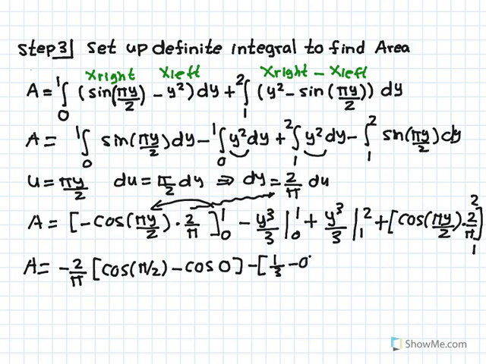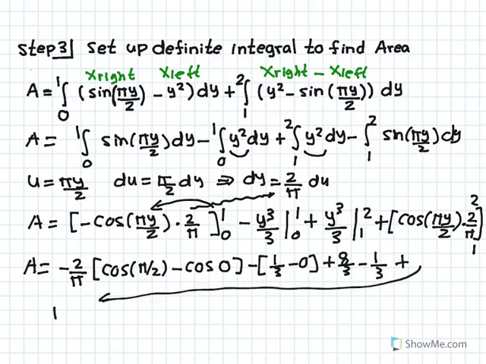Put 0 in, that's just 0, plus y cubed over 3, that's going to be 2 cubed over 3, that's 8 over 3, minus 1/3, and let's write the remainder on this line, plus 2 over pi times cosine of 2 times pi over 2, that's going to be cos of pi, minus cos of pi over 2.